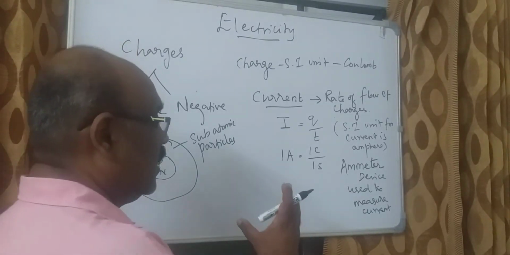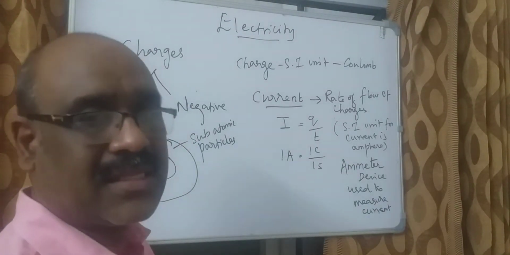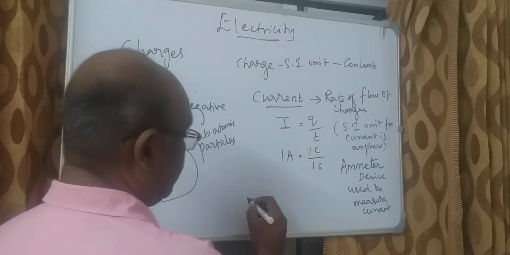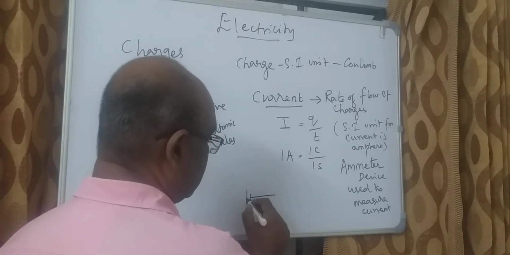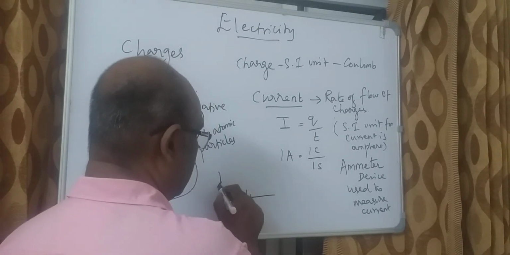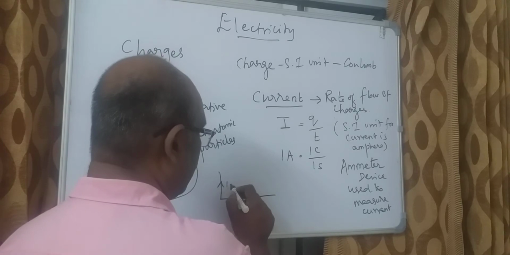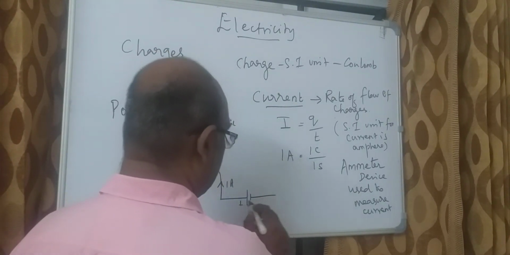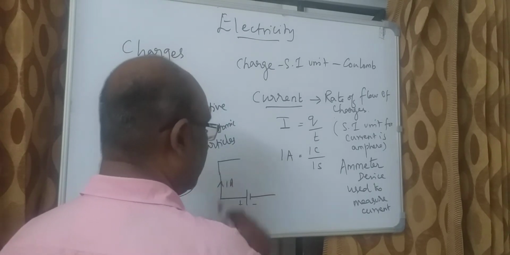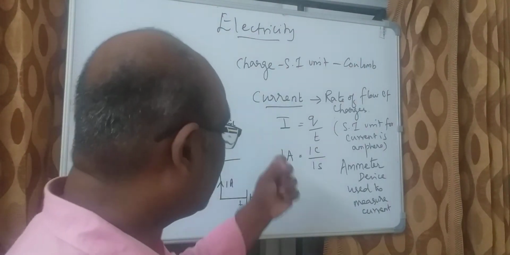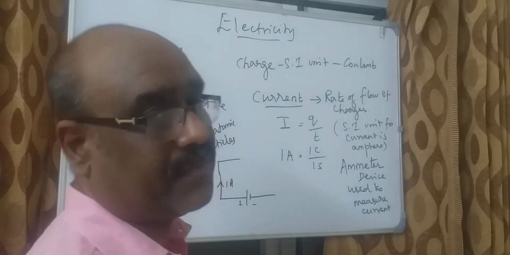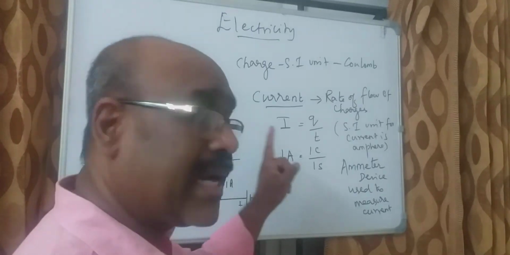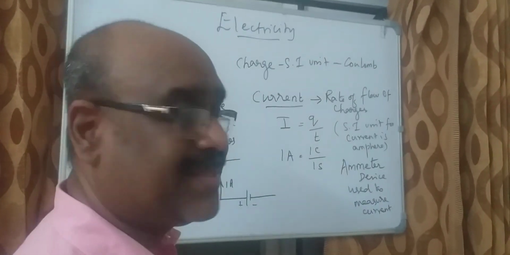Now let us take a very simple circuit. Here the current flowing is 1 ampere. So what is 1 ampere of current? It is the rate of flow of 1 coulomb of charge from one end of the conductor to the other end in 1 second.